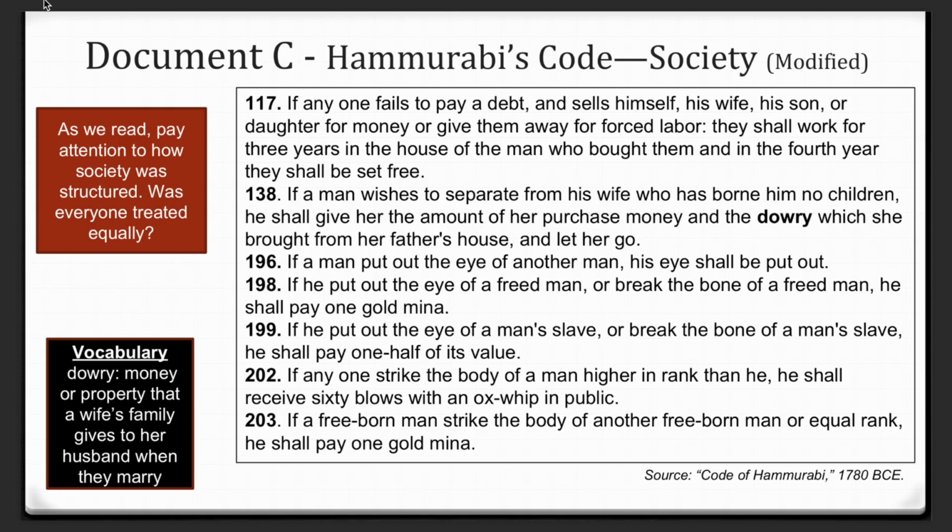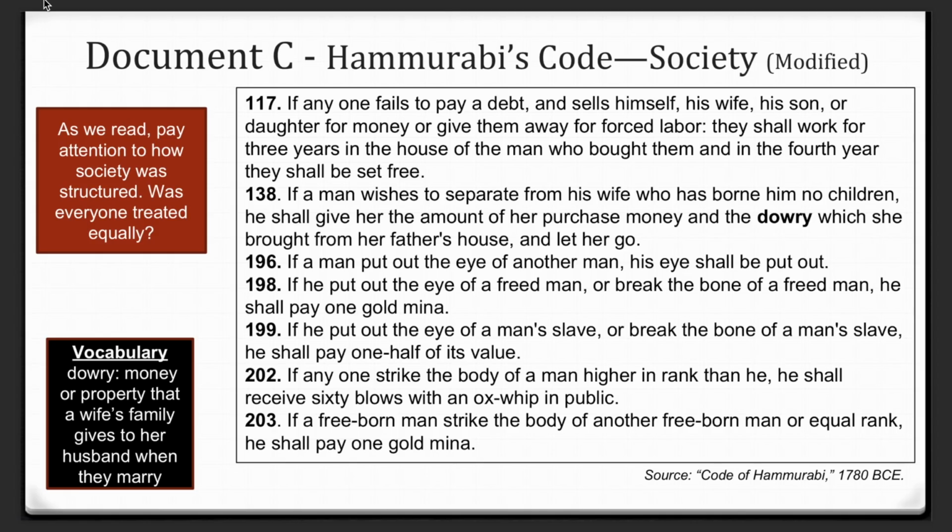196. If a man put out the eye of another man, his eye shall be put out. 198. If he put out the eye of a freedman, or break the bone of a freedman, he shall pay 1 gold mina. 199. If he put out the eye of a man's slave, or break the bone of a man's slave, he shall pay 1/2 of it being the slave's value. 202.